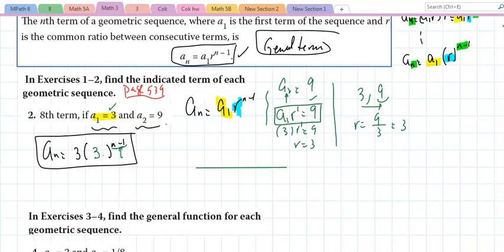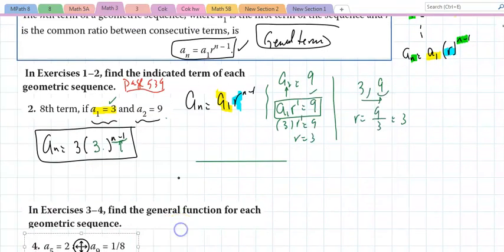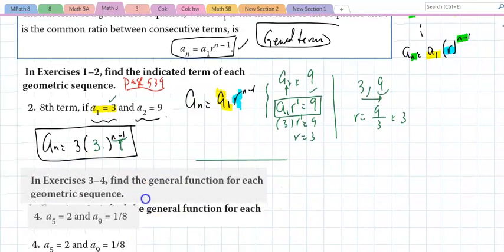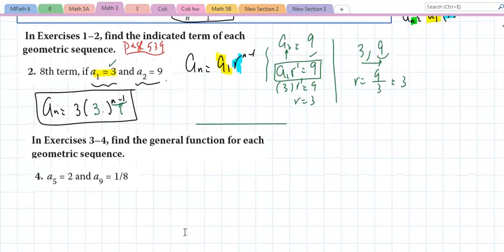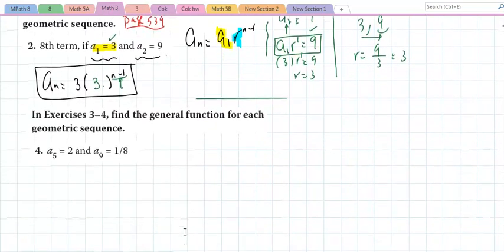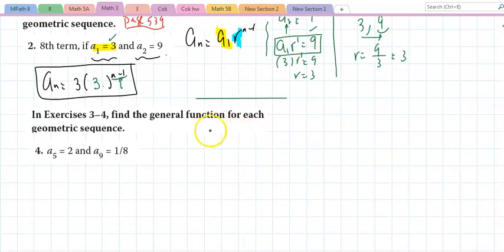Alright. I'd like to look at the next set of problems. Find the general function for each geometric series. Again, we're always doing that. And this is the example I was mentioning. So to find the general term, I know that A sub n is A sub 1 times R raised to the n minus 1. Or here, let me write it here.